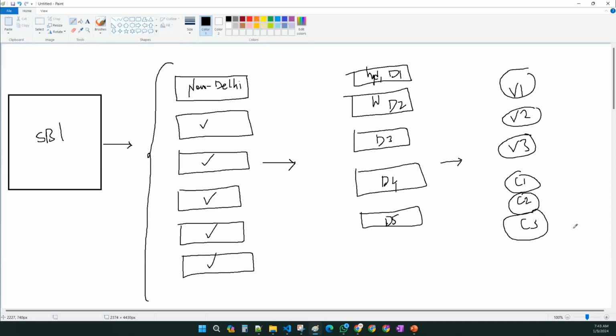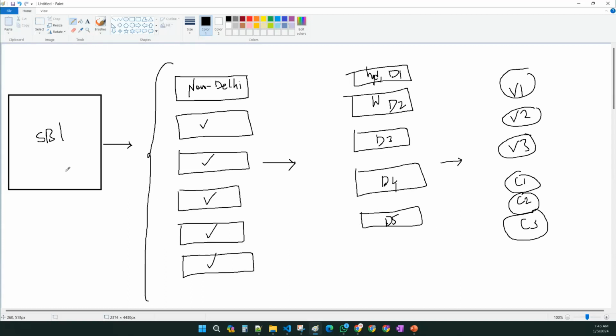So this is how SBI has increased their customer base. Those banking activities are divided into multiple states, and branches are further divided into districts, and further into cities and villages. So this is how SBI is managing the entire thing.